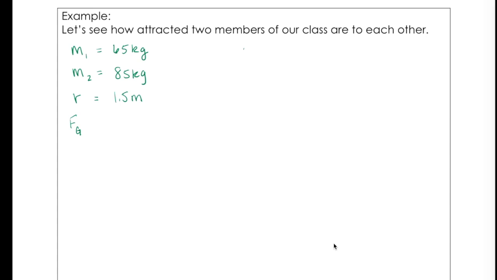Remember again, our equation for F_g is that we have our gravitational constant times the mass of 1, the mass of 2, over r squared.